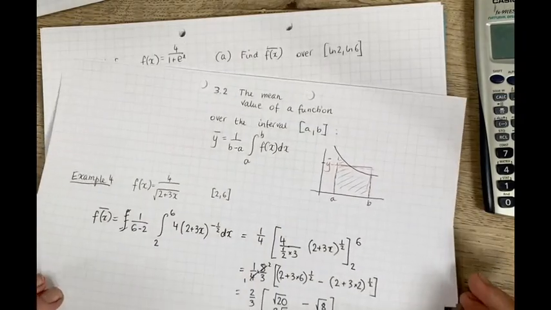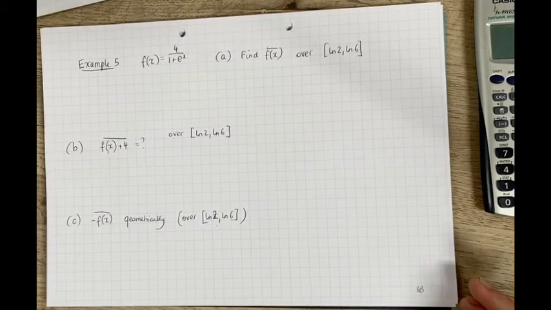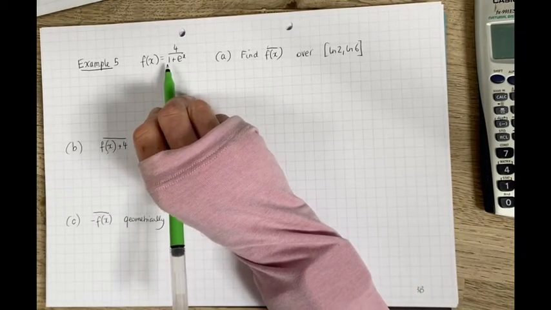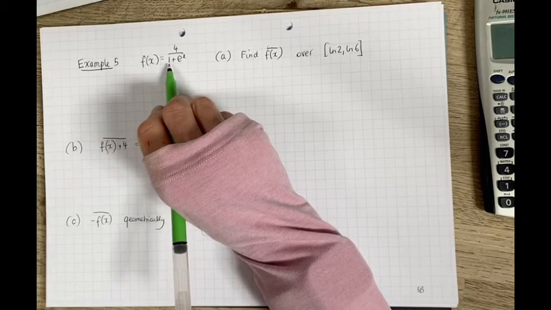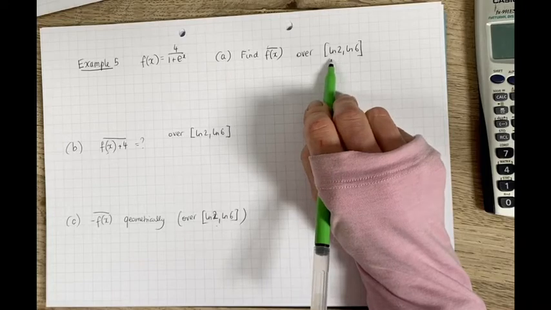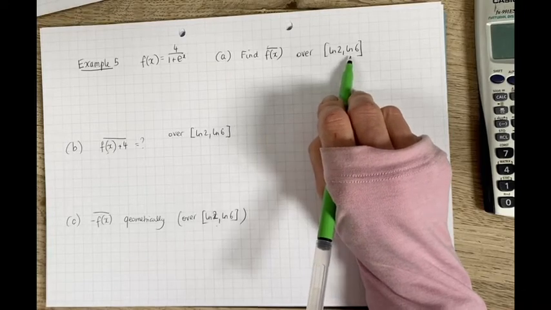Let's go to example 5. This time we've got to find the mean value of this function on the interval between ln2 and ln6.